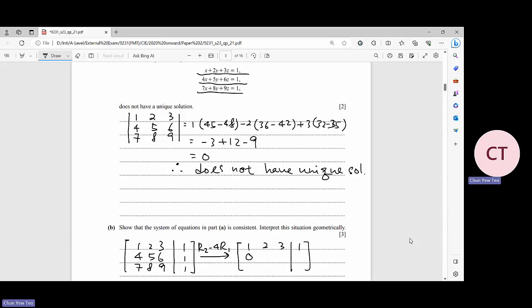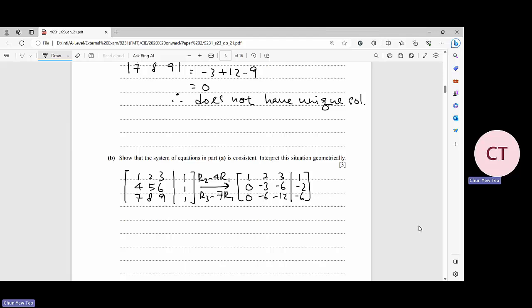Then I get 0, -3, -6, and -3. Then the third row, I take R3 minus 7R1. So -6, -12, and -6.